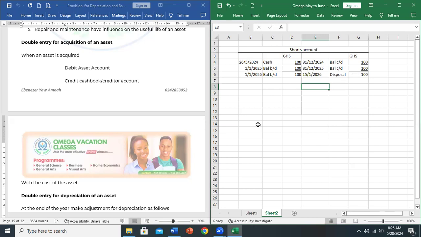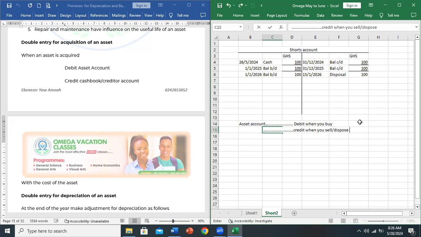Now, having done this, let me write a summary here regarding preparing the asset account. When you are preparing the asset account, dear ladies and gentlemen, what you do is that you debit when you buy, and then you credit when you sell or dispose the asset off.